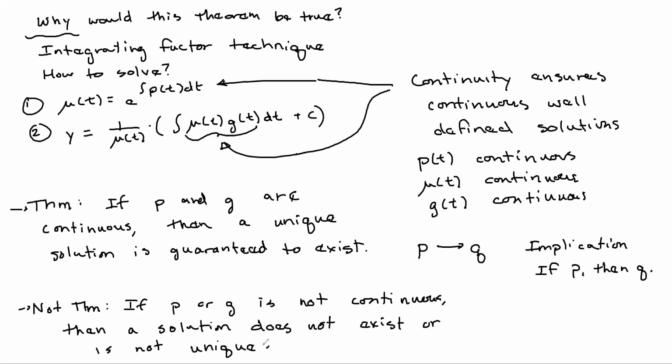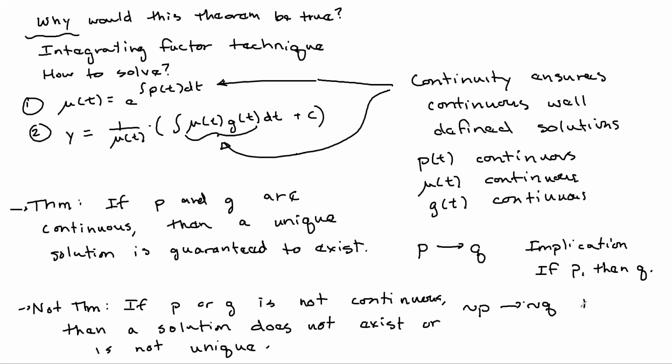The situation I've written here is this: I've taken "if P and G are continuous." The opposite of that is "if P or G is not continuous," so you'd say that's not P, and then a solution does not exist or is not unique. That's the opposite of the solution does exist and is unique, that's not Q. This is the inverse.